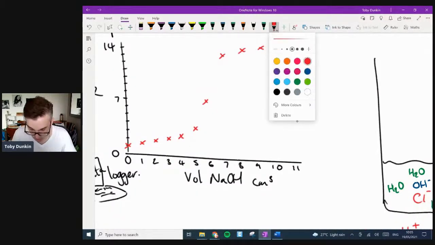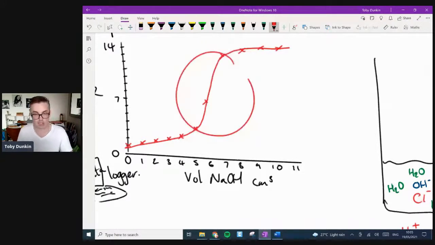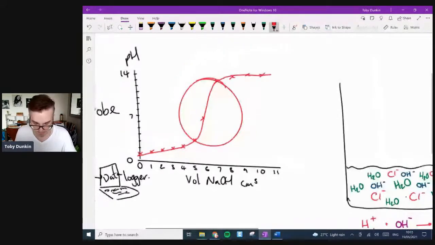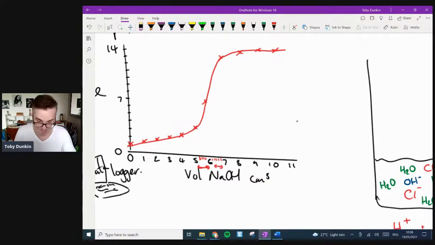We get what's called a titration curve. So we have the acidic region at the beginning, and then we suddenly get this vertical region. The reason the region here is vertical is that if you monitor the pH closely enough, if we did this drop by drop instead of 1 centimeter, the graph actually becomes completely vertical.